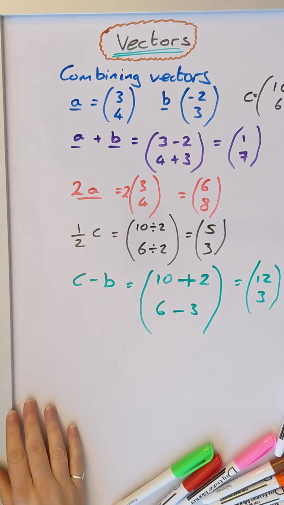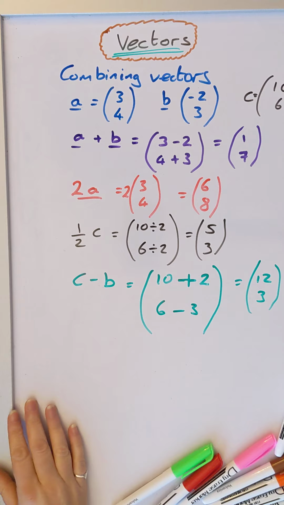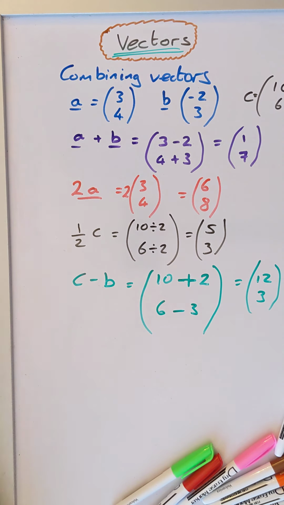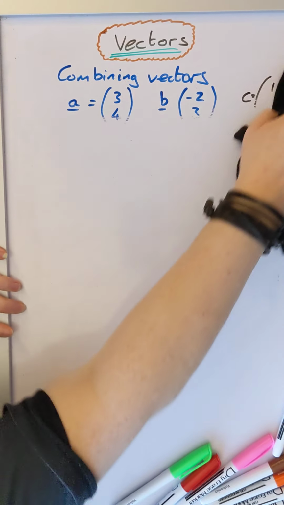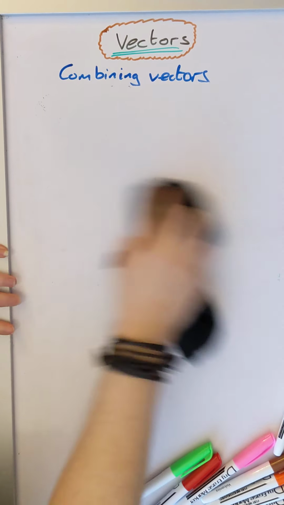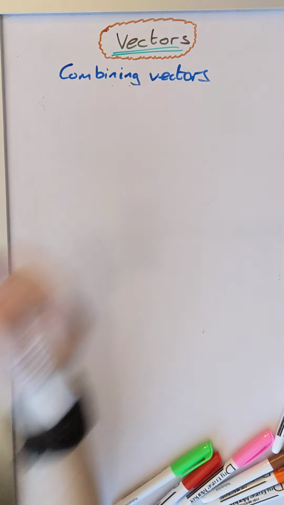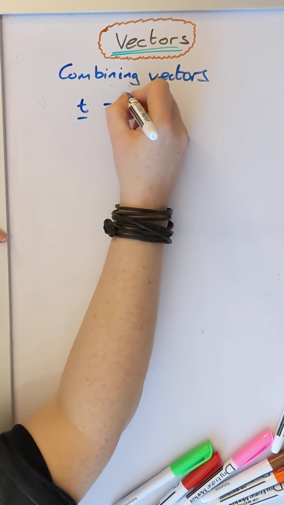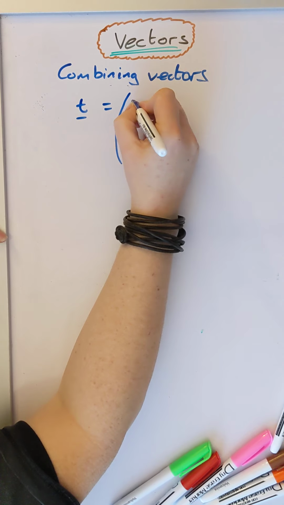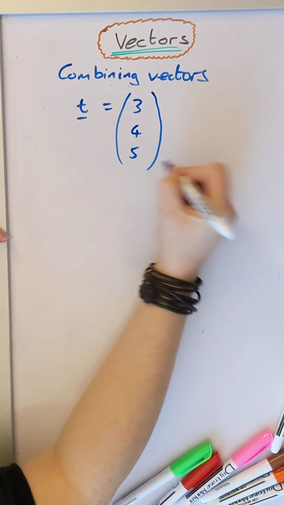Now this is me showing you it in 2 dimensions. I've shown you an X and a Y. The same works in 3 dimensions. So if, for example, I have a vector, call it T, and we're saying that T is in 3-dimensional space, so (3, 4, 5) for the sake of argument.